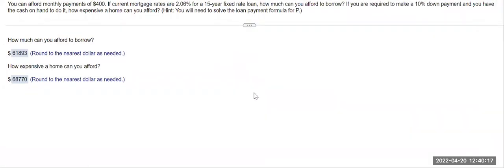The PV function is used to estimate how much of a mortgage or how much of a loan you can afford when you know the monthly payment. Is that okay? That is where you use the PV function. Okay, so that answers the first part of the problem.